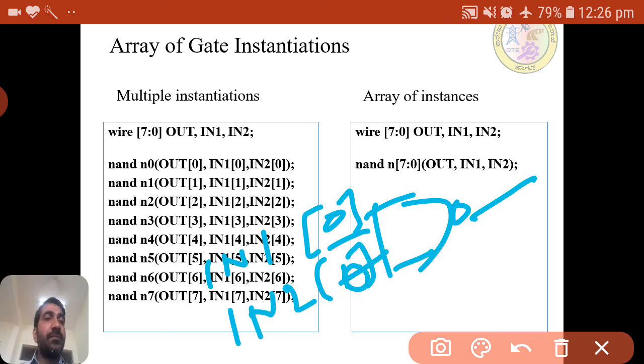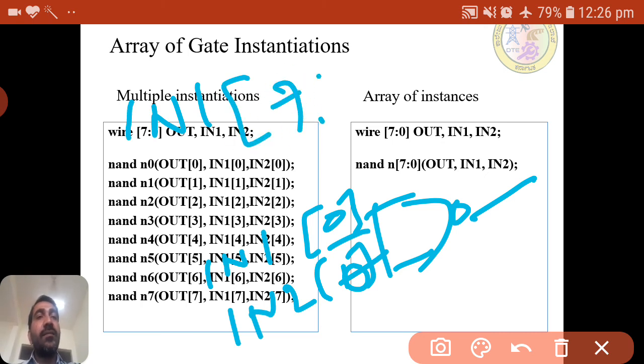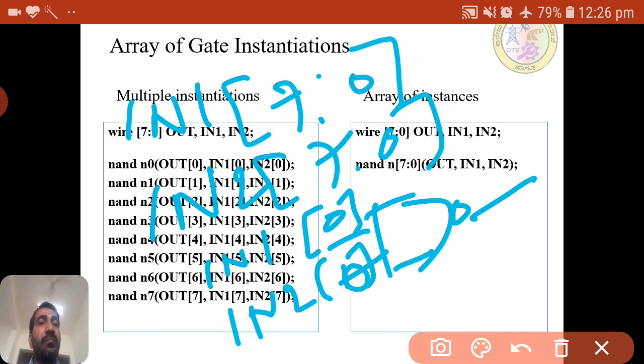So in1 of 0, in2 of 0: there are two inputs, where IN1 is 8 bits and similarly IN2 is 8 bits. As we know how to define vectors, 7 down to 0 is 8 bits; IN1 and IN2 are two 8-bit values.